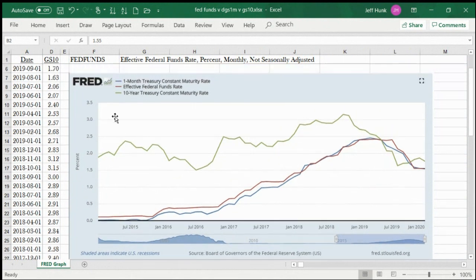You see the blue line is 1 month Treasury. The red line is Fed funds rate. You can tell the red and the blue curves are moving pretty much in tandem, right? And this olive green line is the yield on the 10-year Treasury note. Well, they are all returns.